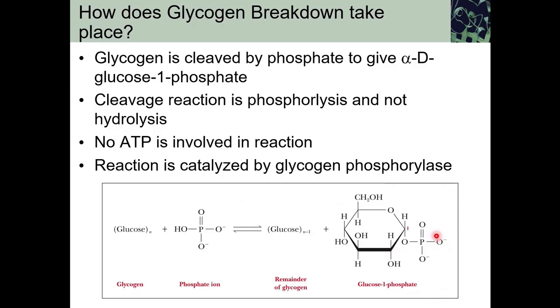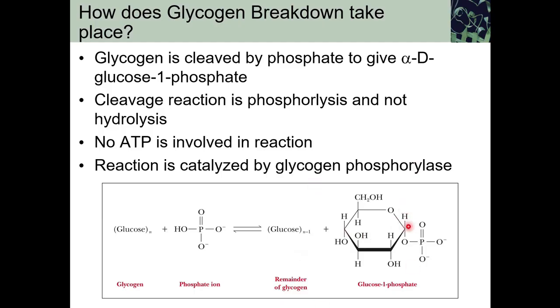But remember, during strenuous or intense muscular activity, your muscles tend to undergo anaerobic respiration, and they need a lot of glucose molecules as a source of energy. Now, this is not glucose, this is glucose 1-phosphate.